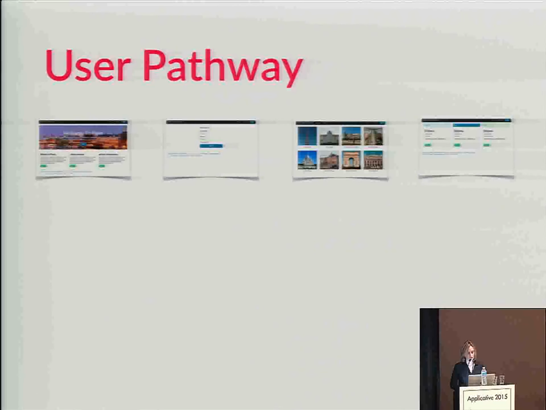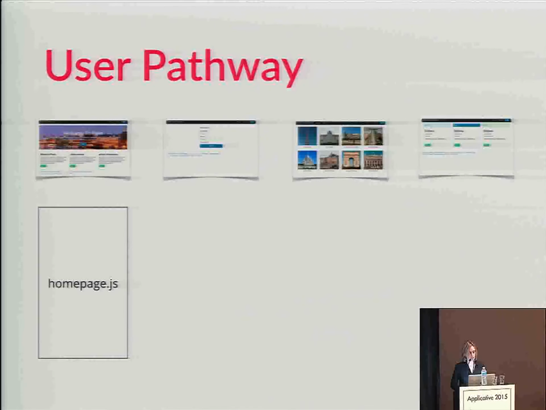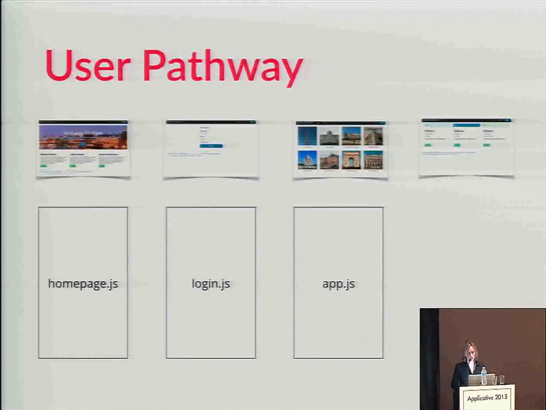Let's focus on the user experience, and like by picking a typical website, you have a home page, a login page, the application itself, which is a single page application, a pricing page. When your user is going to land on the home page, he will download homepage.js. On the login page, login.js. Same thing with the 2 other ones, app.js and plans.js.